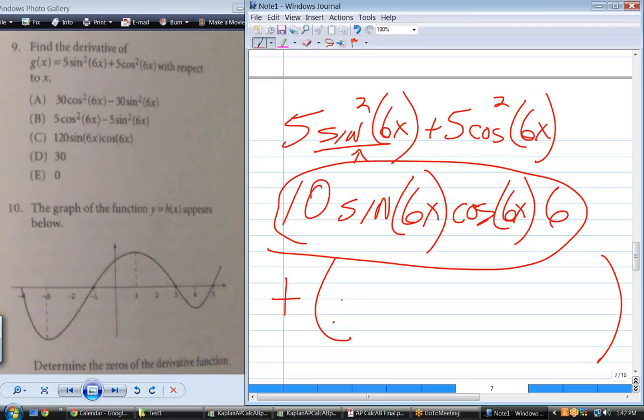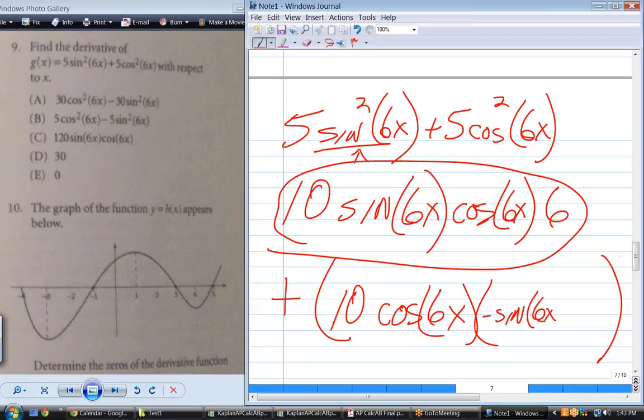Still a double application of the chain rule. 10 cosine 6x times negative sine of 6x times 6.